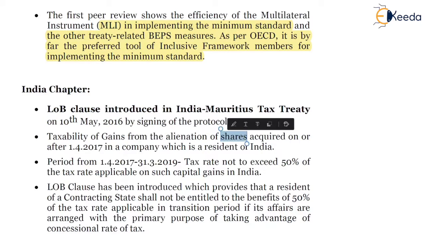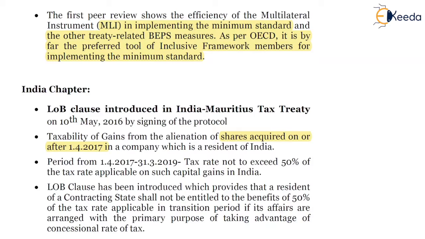So shares should have been acquired on or after 1st of April 2017, and obviously you should have capital gains during the previous year 17-18 and 18-19. So the period which the protocol is talking about is acquisition after 1st of April 2017. If you have acquired shares before 1st of April 2017, then this protocol won't apply. Then you will continue to be eligible for 100% benefit.